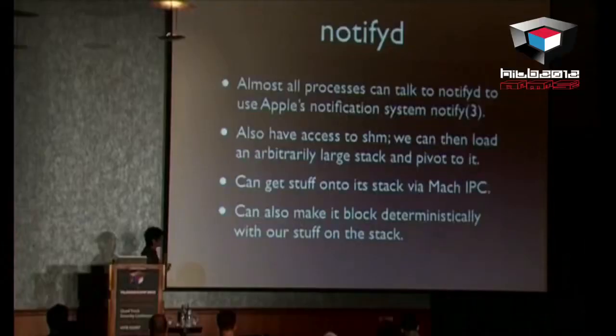We can also get stuff onto notifyd's stack via Mach IPC, which is how every process normally talks to notifyd. And another useful thing is that we can make it block deterministically and also have whatever we want deterministically on the stack at the same time. So I'm going to prove these 4 points in the next slides.